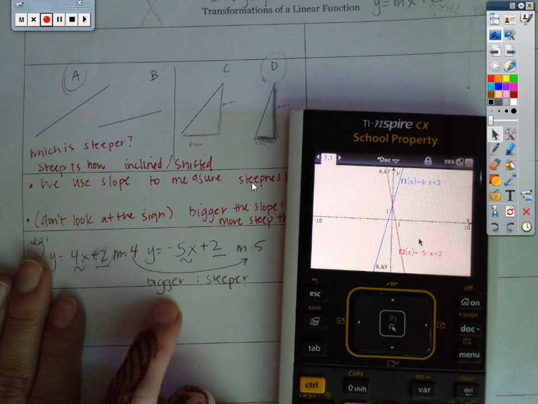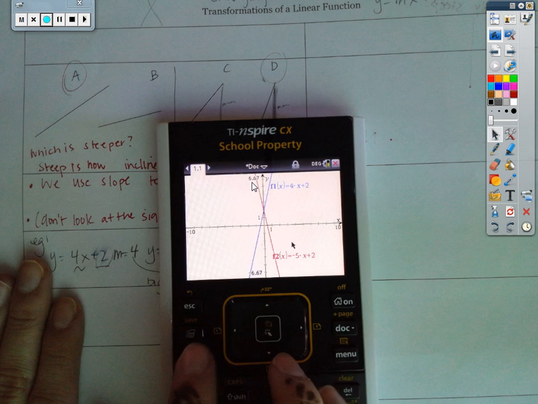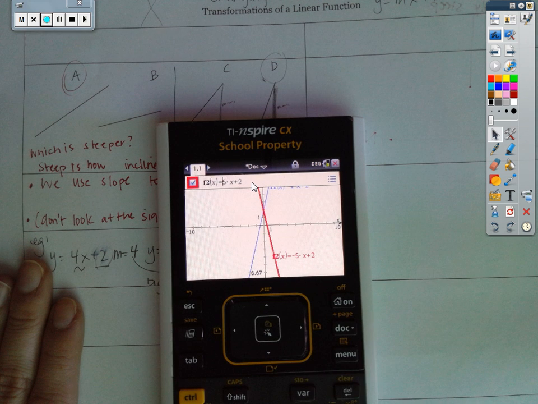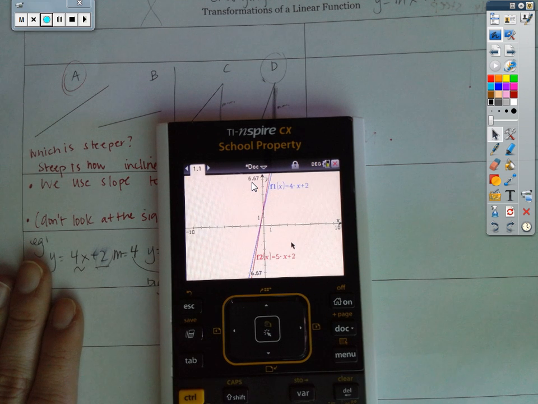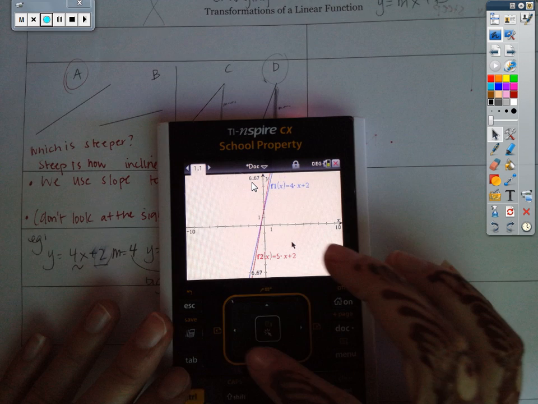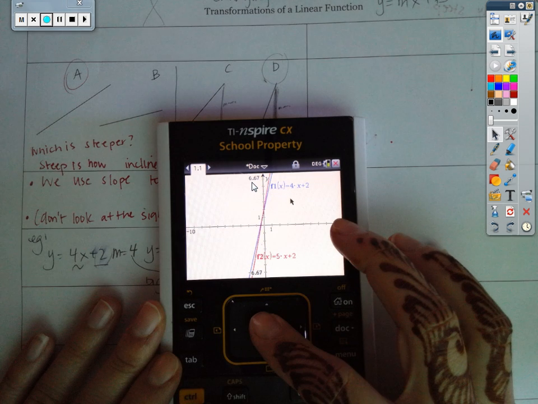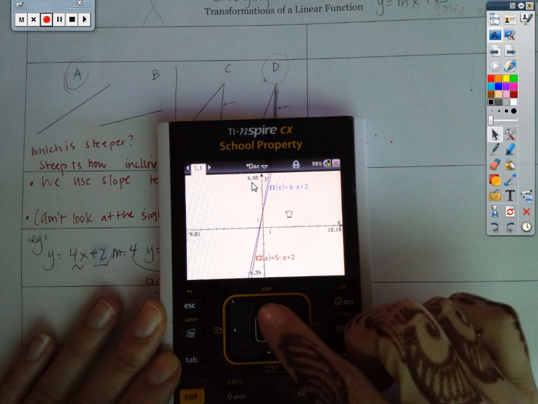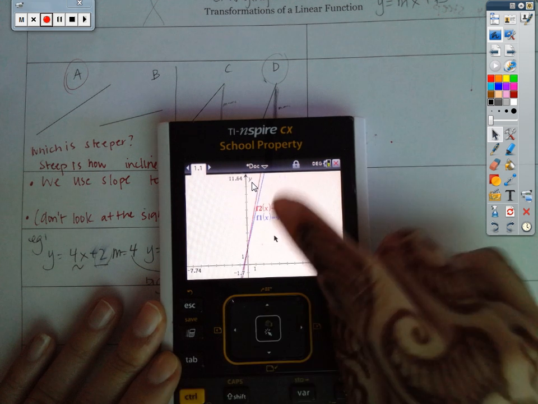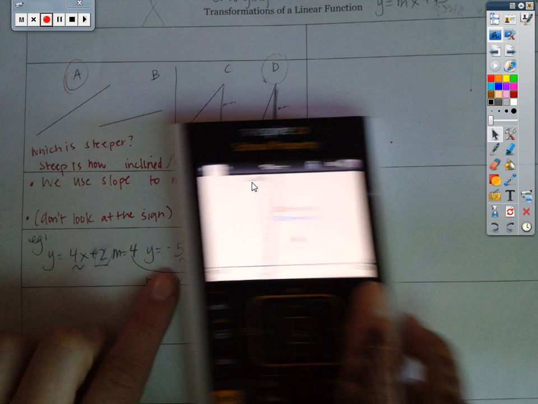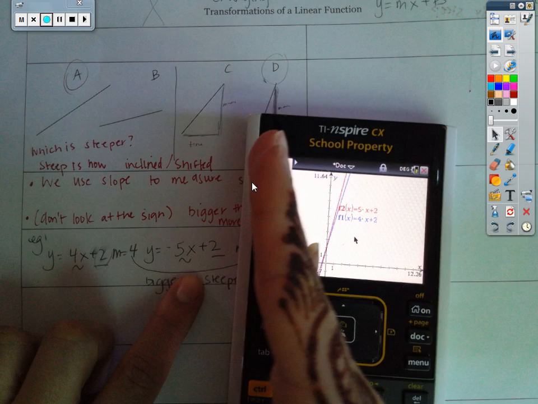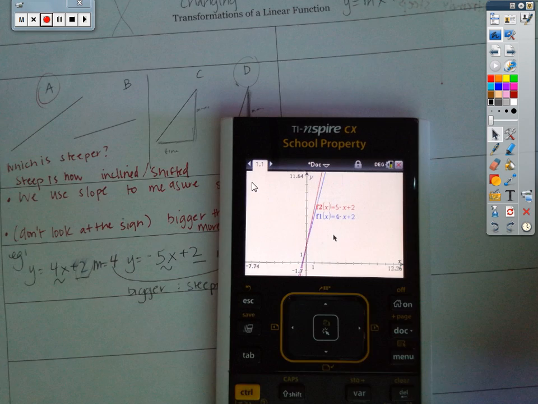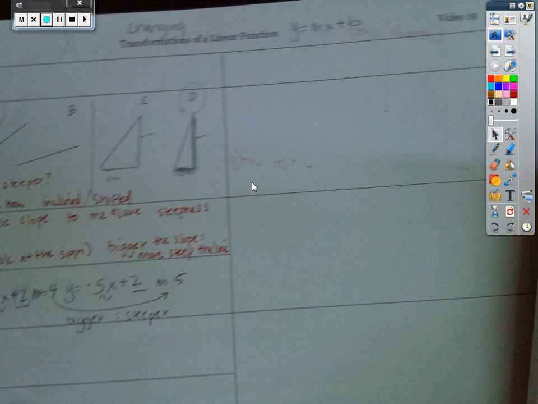Again, we don't look at the sign, so instead of putting in a -5, I'm typing in a +5. You can zoom out or you can move your graph. I just pressed until I got this little hand, so now I can move it down, and I can see the red one, which is this one, is more this way. So it's more steep. I'll do a couple more examples of that in just a second.